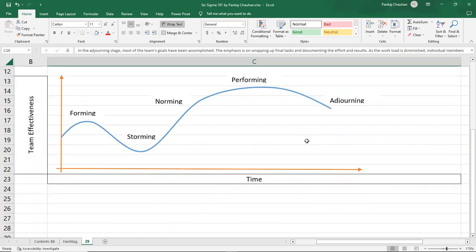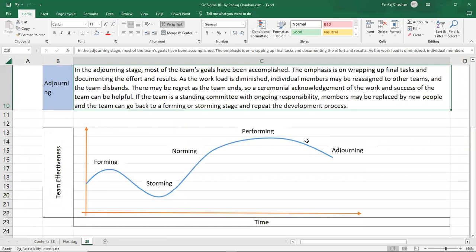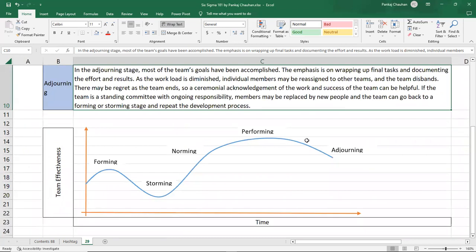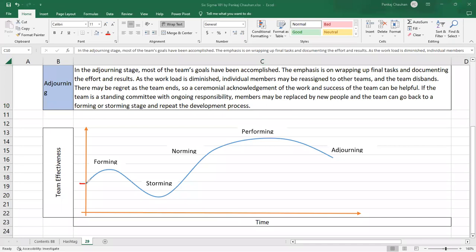I tried to show the graphical performance of the team effectiveness as the team grows. So in the forming stage, you are doing some performance. Suppose your effectiveness is around 40 or 50% as of now when you are forming. Because in the storming team, we have a lot of conflicts among the team members. They disagree with each other.